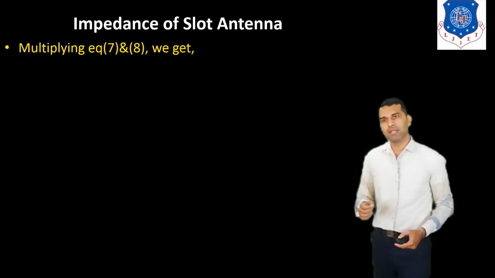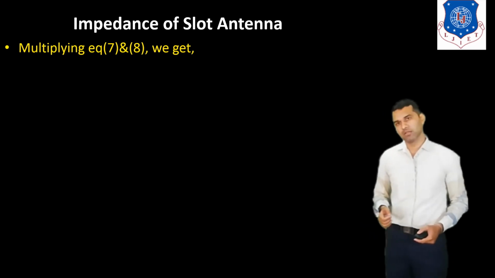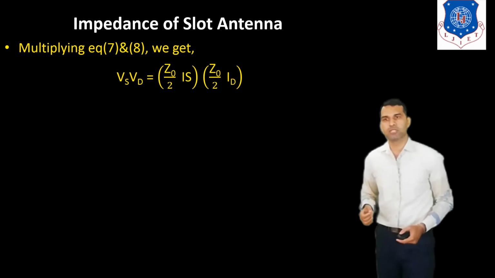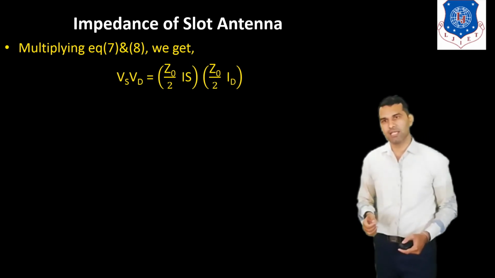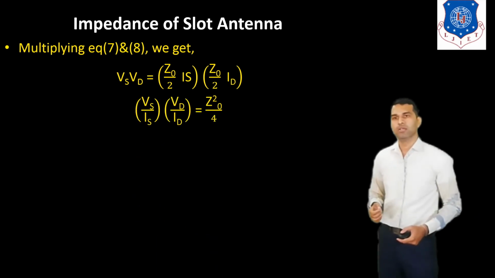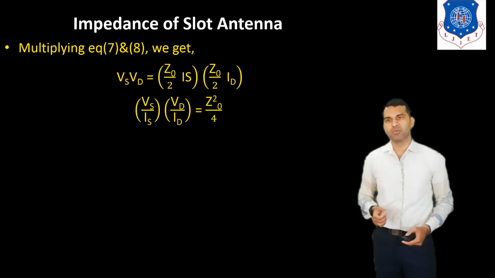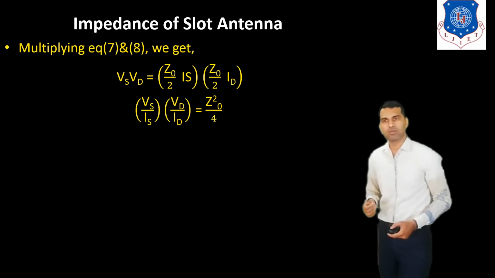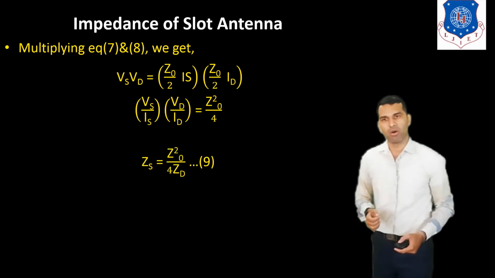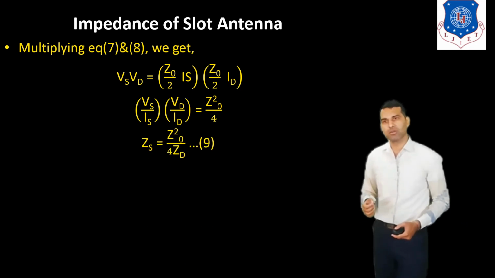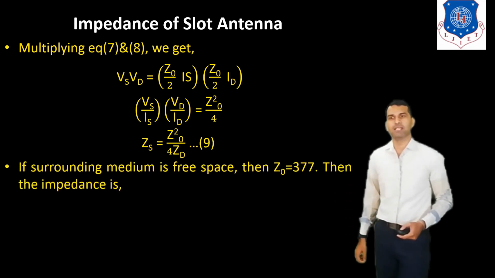Now we multiply equation number 7 and 8. So we get Vs times Vd is equal to Z0 by 2 into Is, times Z0 by 2 into Id. So we can write Vs upon Is times Vd upon Id is equal to Z0 square by 4. So simply we can write Zs is equal to Z0 square upon 4Zd.